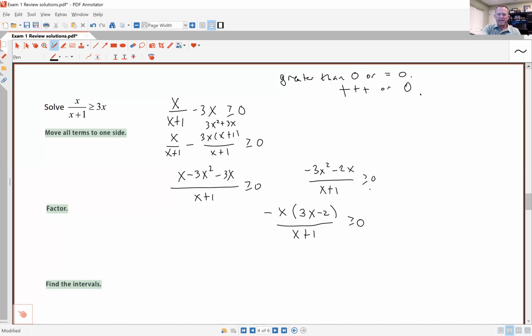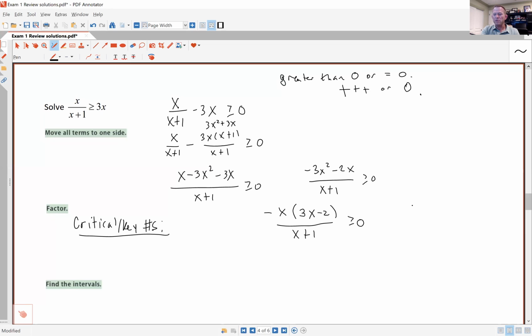So now we say that the key or the critical numbers are where the top equals 0 and now also where the bottom equals 0. And I'm going to designate a difference between these.